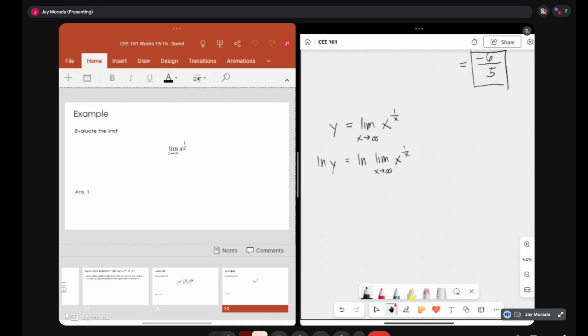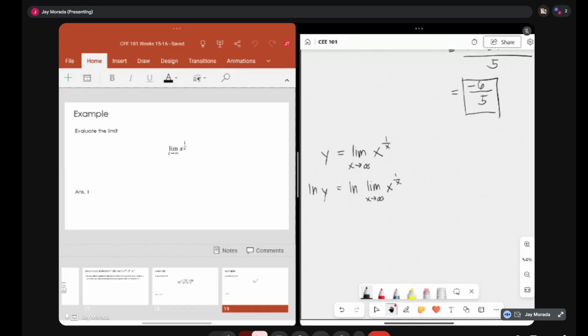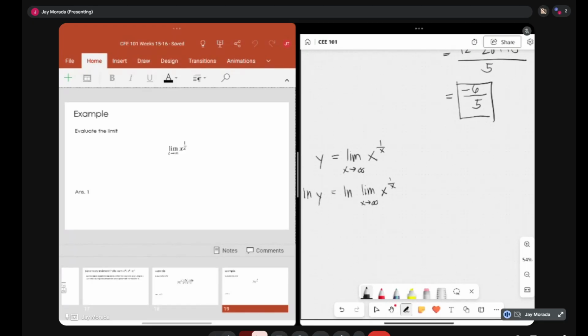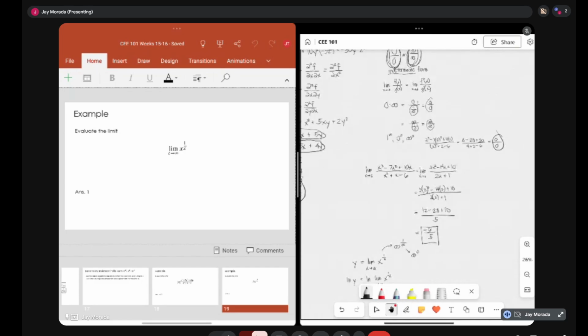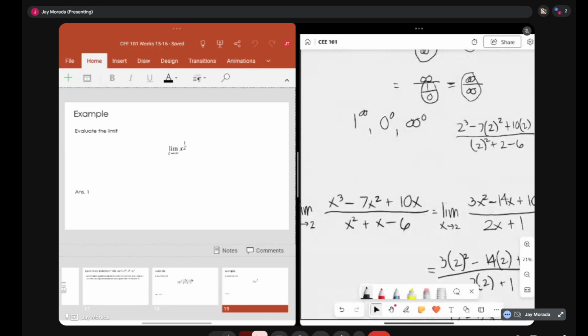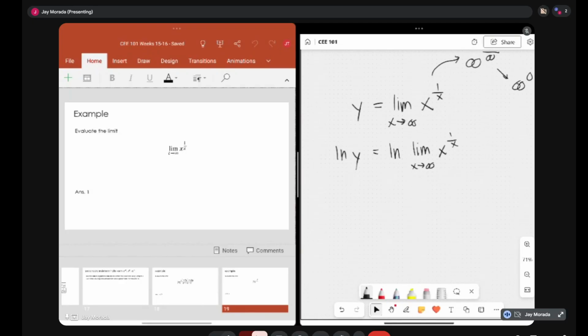You have to verify if this is a secondary indeterminate form in the first place. If we substitute the limit directly, that will leave us with infinity raised to 1 over infinity or infinity raised to 0, which is part of our secondary indeterminate forms. Okay, so let's proceed.